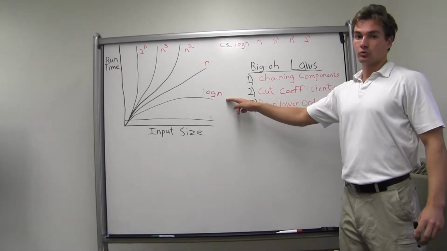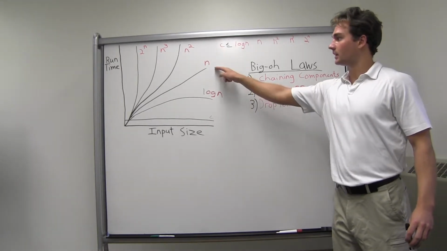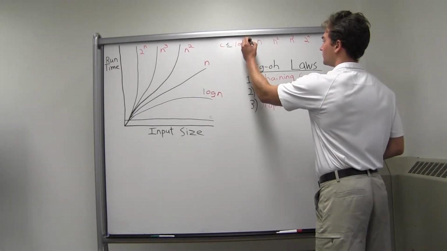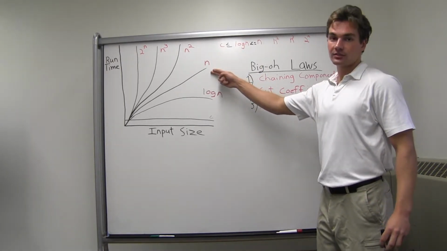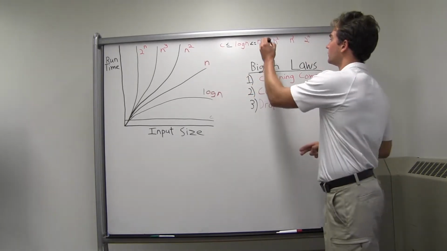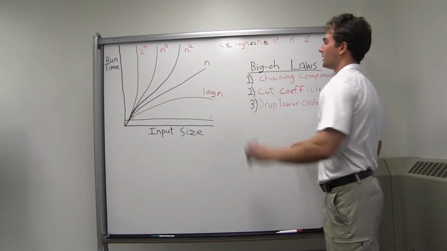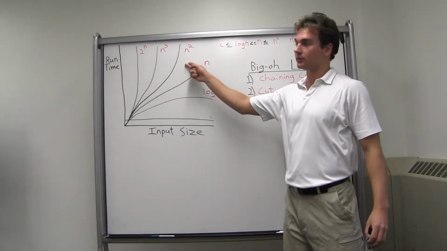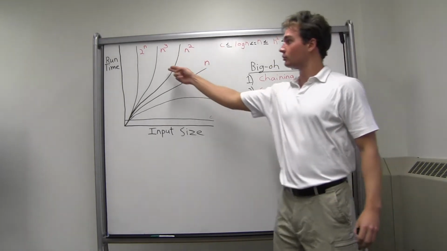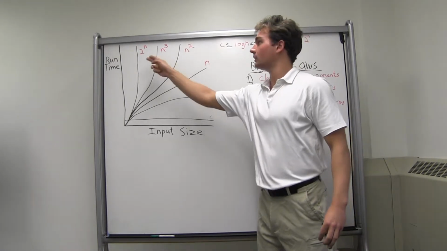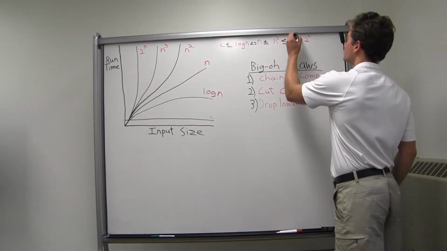Log of n grows no faster than n. n grows no faster than n squared. n squared grows no faster than n cubed. And of course, n cubed grows no faster than 2 to the n.